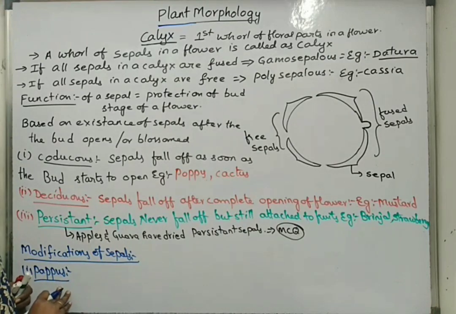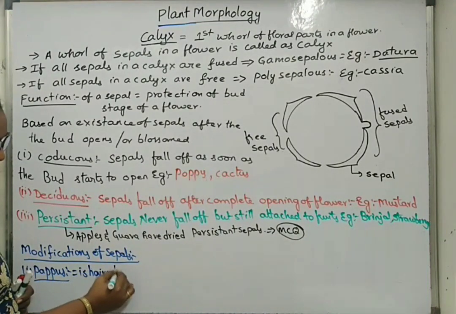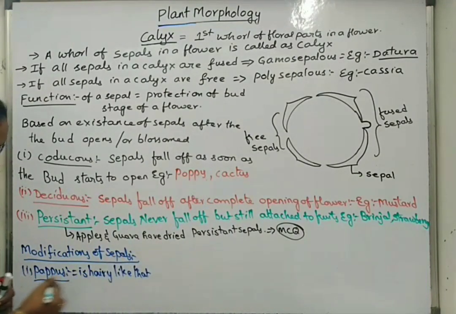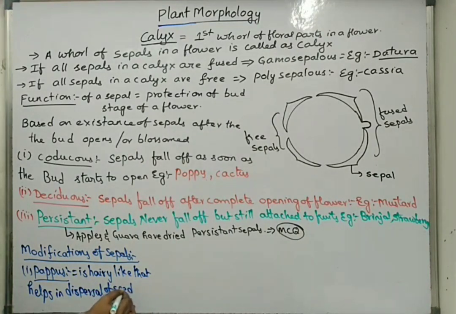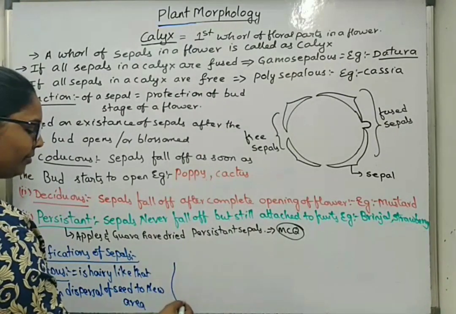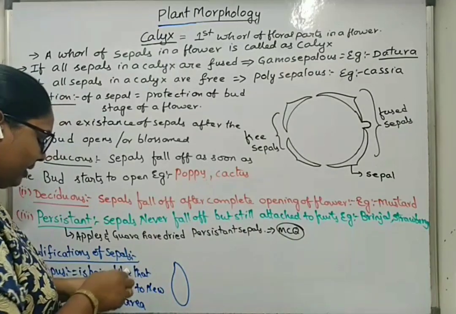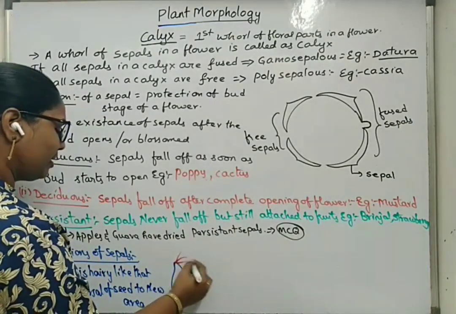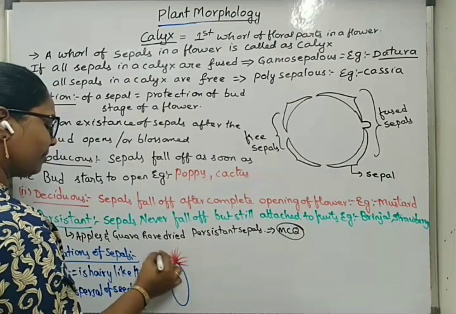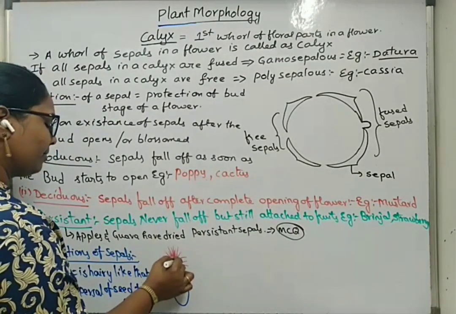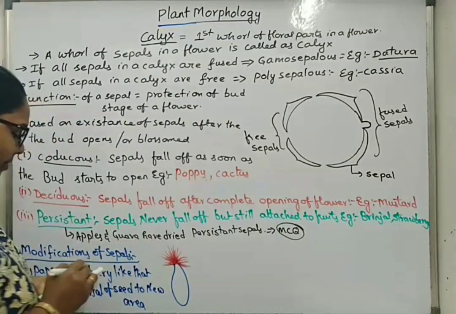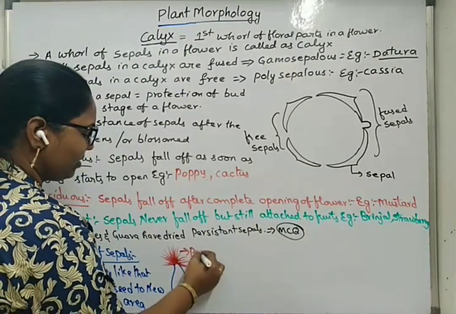Means totally we can say pappus is helpful for dispersal of the seed to a new area. So if this is the seed, we can say pappus is like this. So this we can label as pappus.